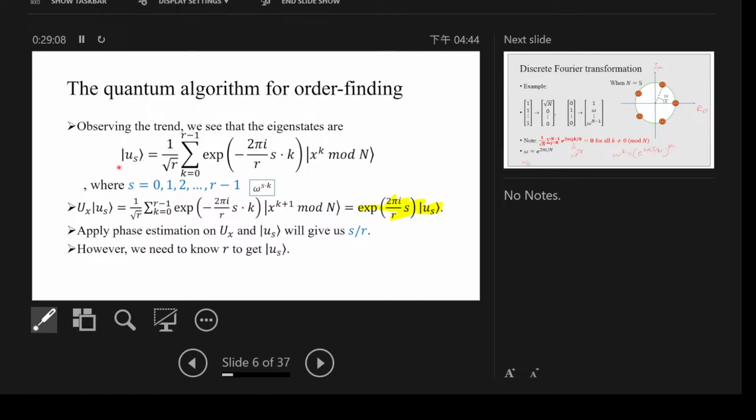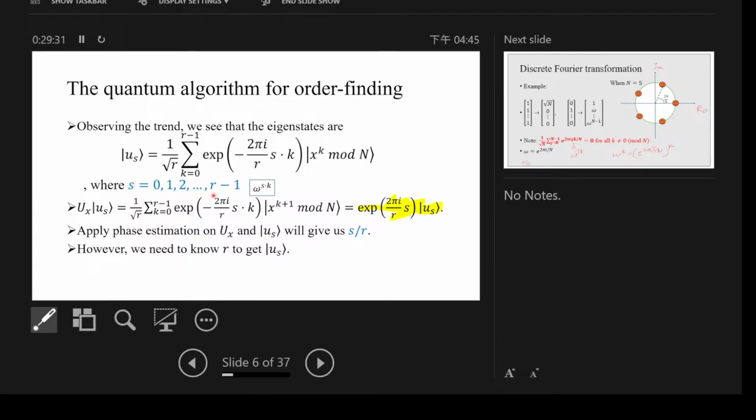If you can get a hold on some Us, then you can learn this s over r, then you will learn your r. I guess that's the basic idea. But now there are many hurdles to overcome. Now this goes to how you do phase estimation when you have an eigenvector.